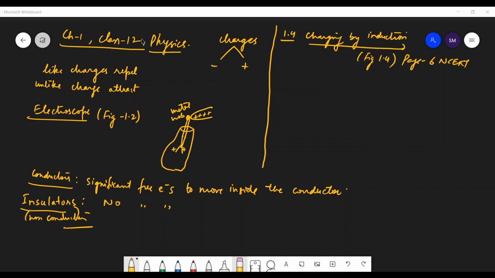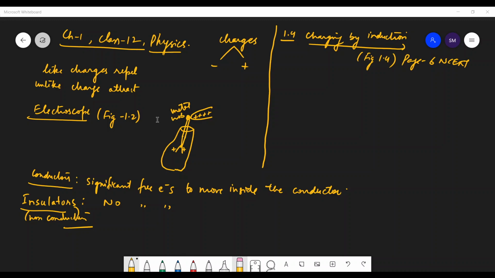But still, as you know, conductors have free electrons. So those free electrons in the sphere are attracted by the positive charge.